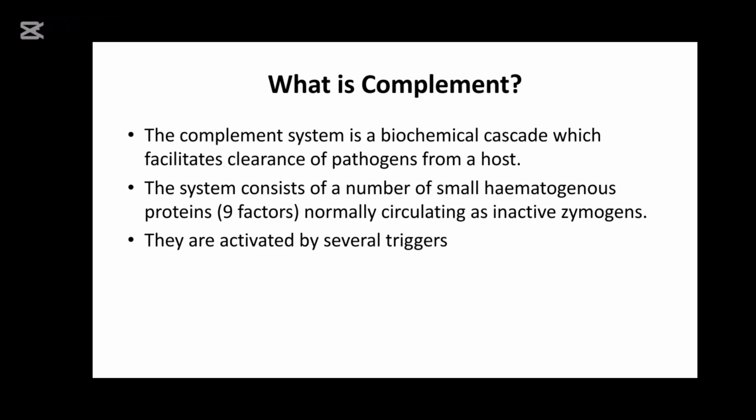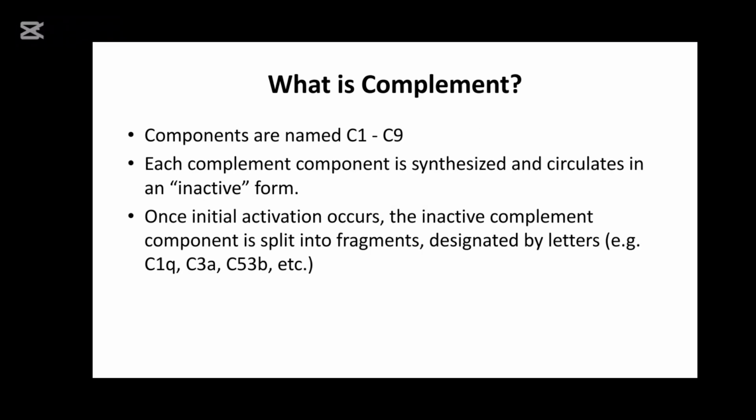These particular 9 factors that we've described are activated by several triggers. There are a number of triggers to the complement system, and we're going to look at them. The components are 9, named in a simpler way, C1 to C9. However, there are some cleavages.